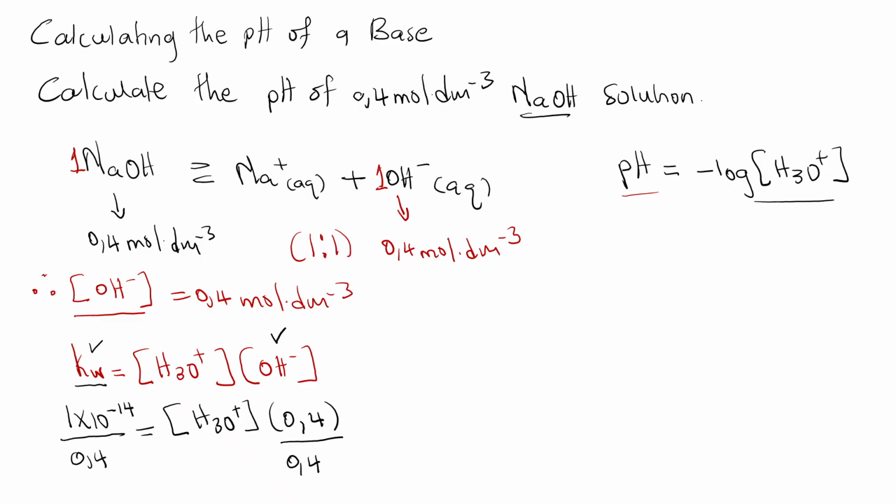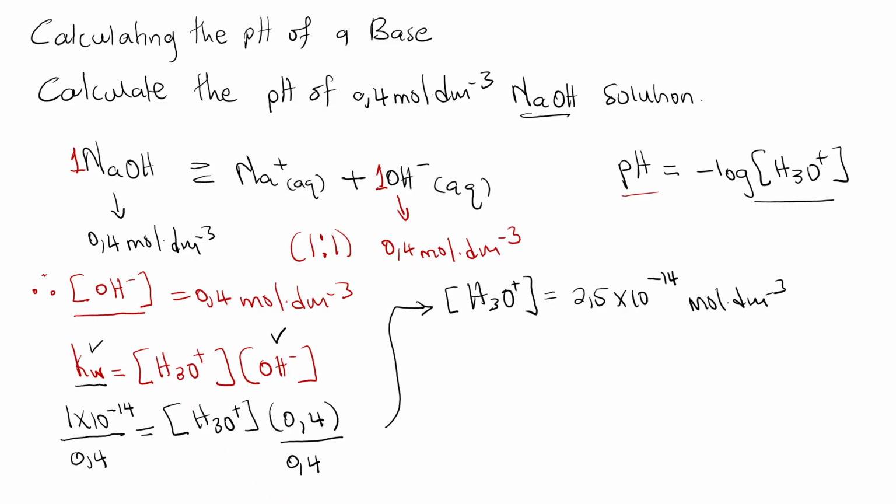Please give me a second to find this on my calculator. I'm just going to allow my calculator to make the magic and tell me what is 1 times 10 to the power minus 14 divided by 0.4. Okay, when I put this on the calculator, I have an answer of 2.5 times 10 to the power negative 14, and this is mole per decimeter cube.